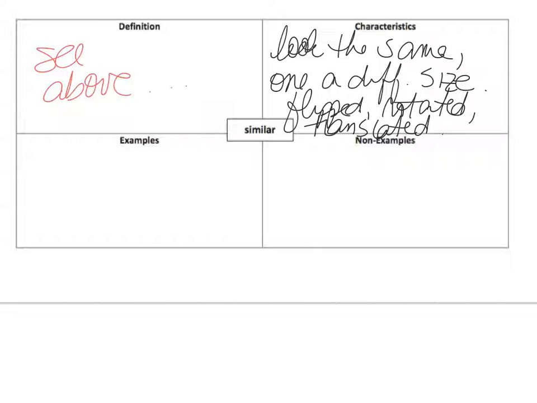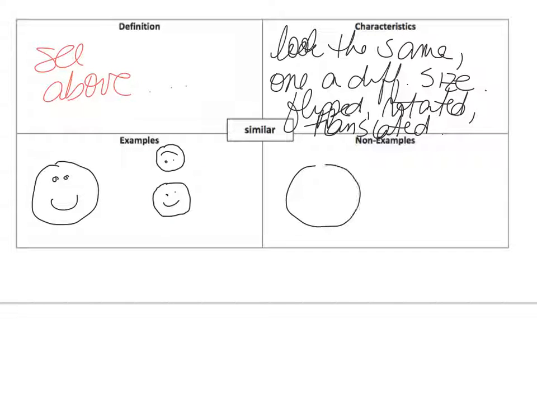Okay, an example would be, oh, I don't know, it's hard to do with this awesome pen. But if those are exactly the same, just smaller, or I could have turned it upside down, etc. Non-examples start out with the same smiley face and make it a non-circle smiley face.